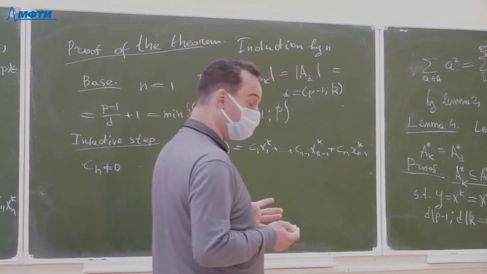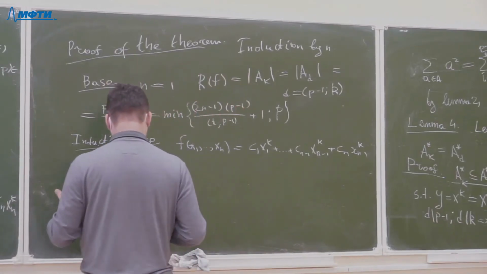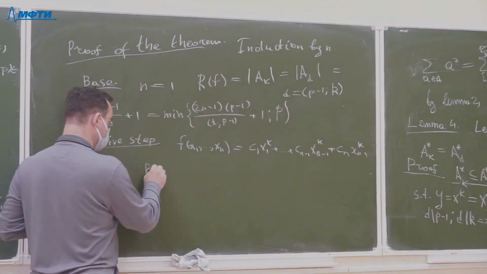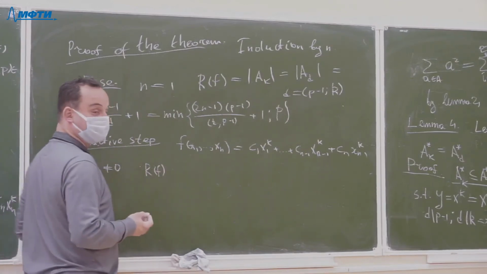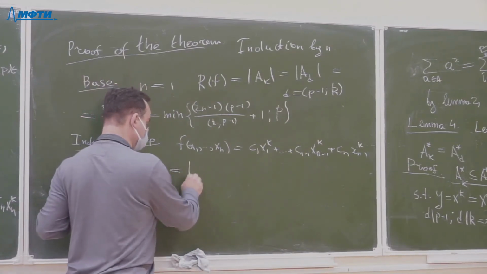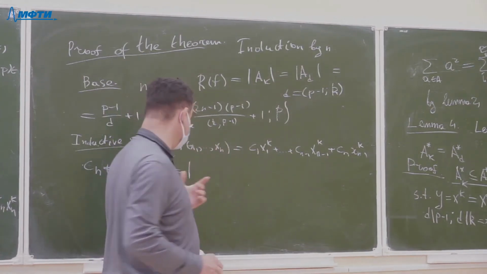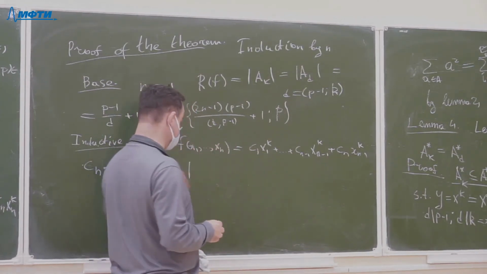Well, the range of the form is the cardinality of the sum of two sets.